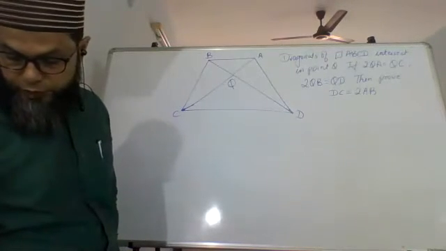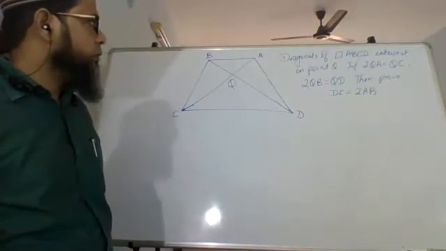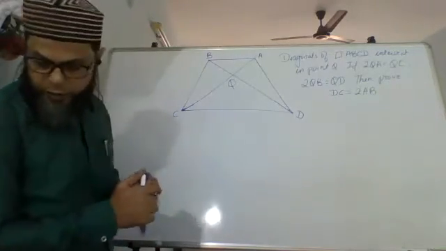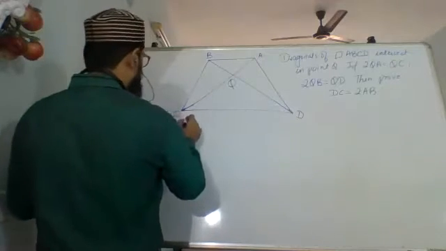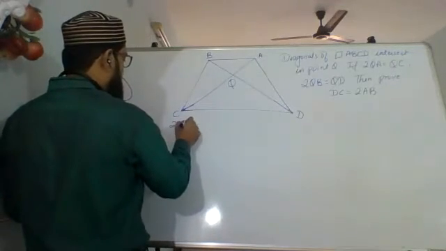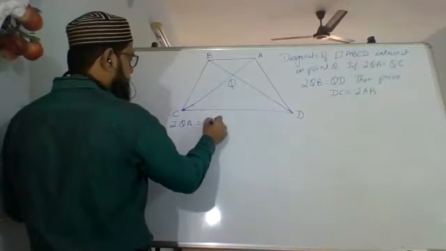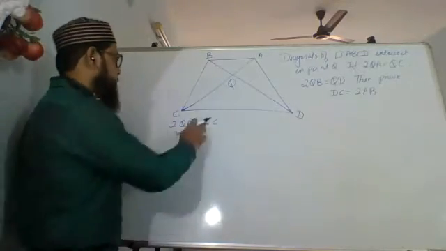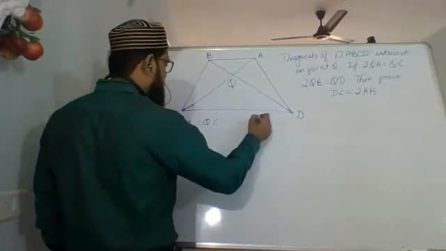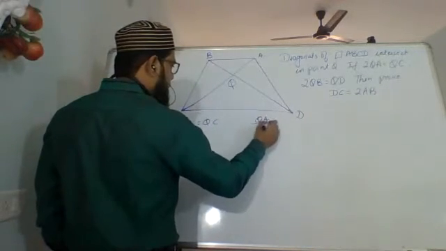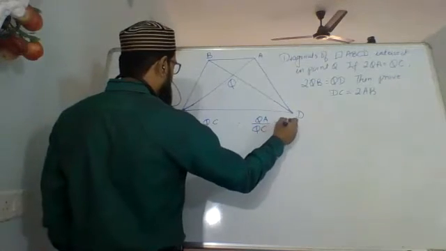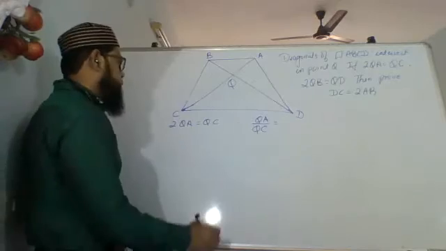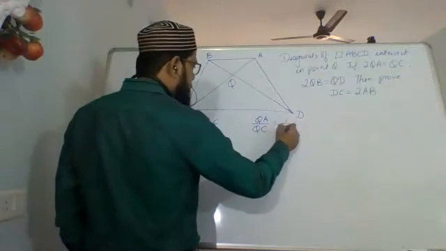So how are we going to prove this? Let's proceed with what is given to us. 2QA equals QC. Bring QC this side. Therefore, QA upon QC equals 1 upon 2.